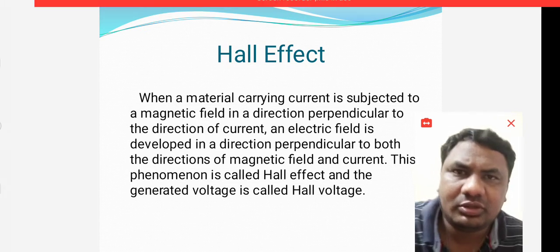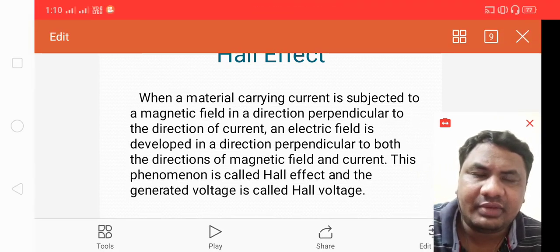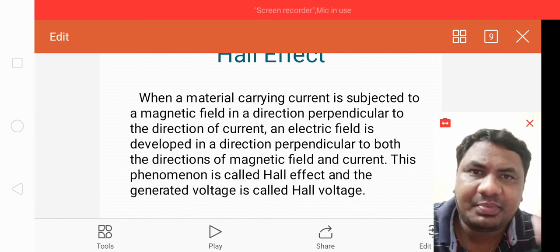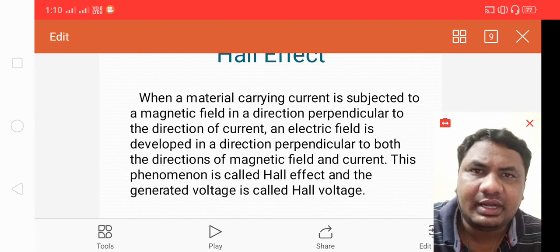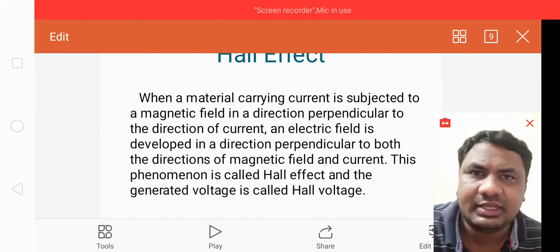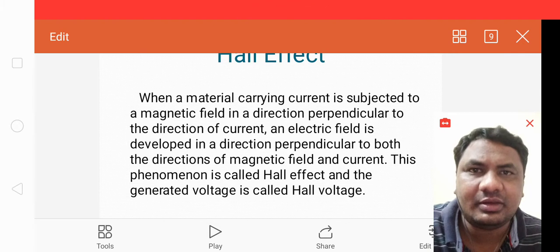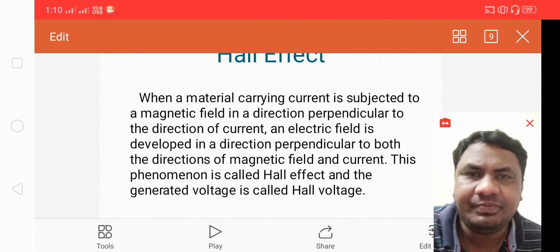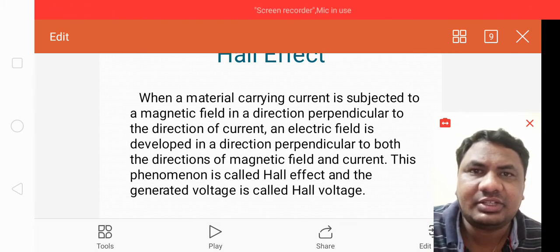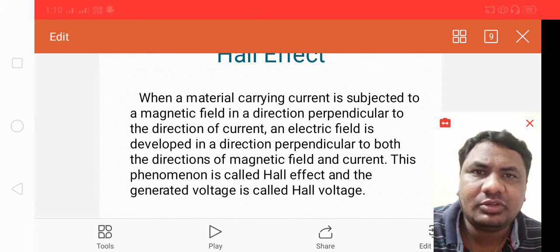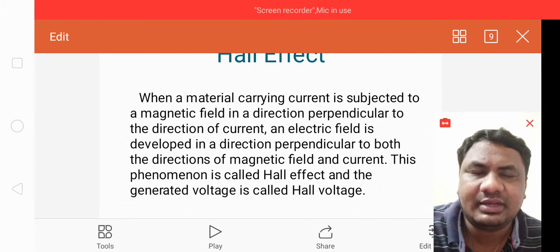If you take 3 dimensions, for example, current is passing in x direction and magnetic field direction is y, then in z direction voltage should be generated. These are the 3 coordinate axes, right?